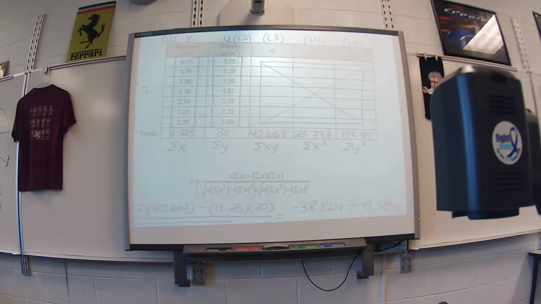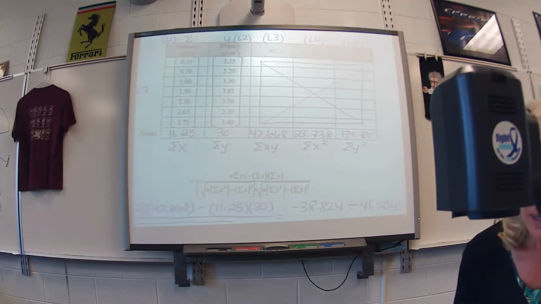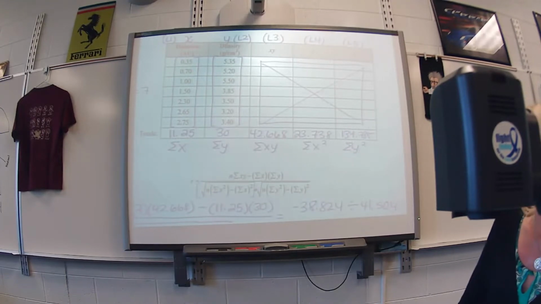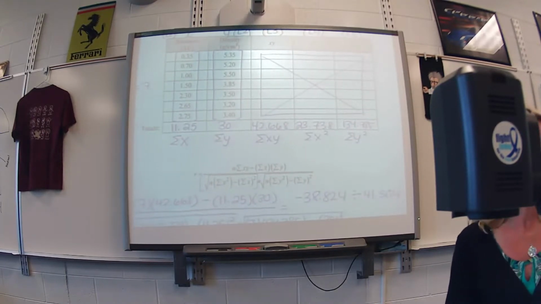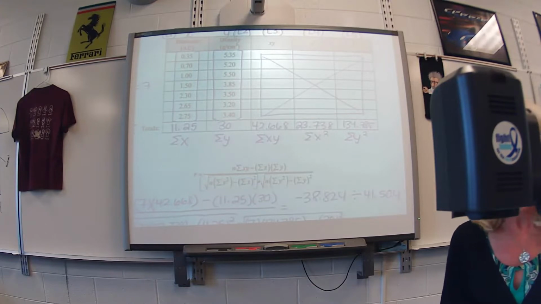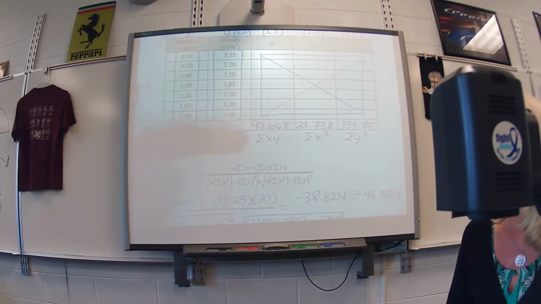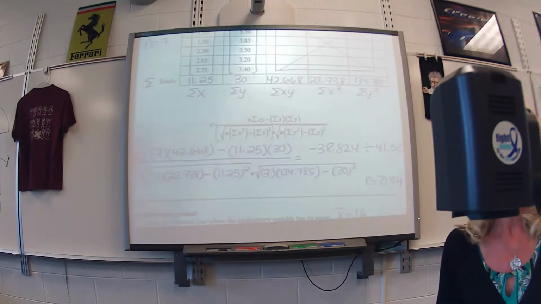But I had mentioned that I felt that as AP statistics students, you really should have some idea where these numbers are coming from. But there are two different formulas, and I want to show you the other formula today. Now this one is actually called the computational formula. It looks pretty crazy, but once you got these totals up here, it really wasn't that bad, okay?